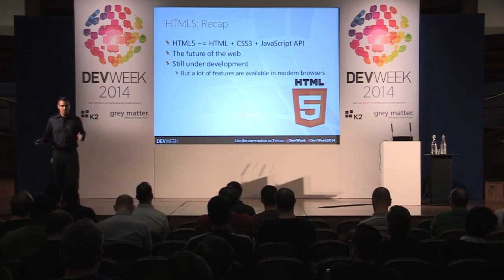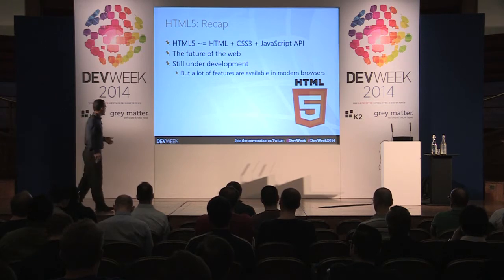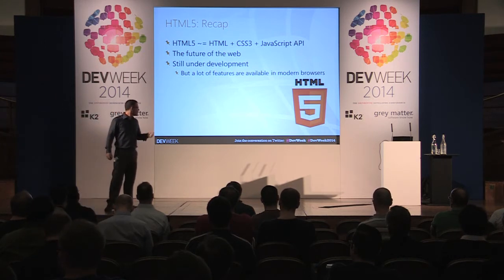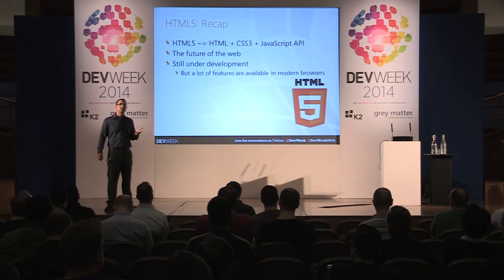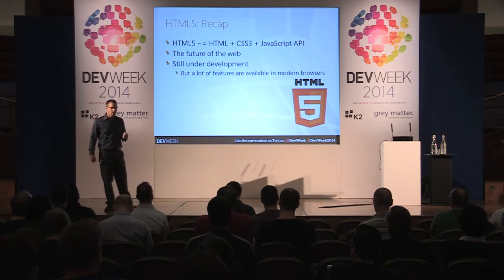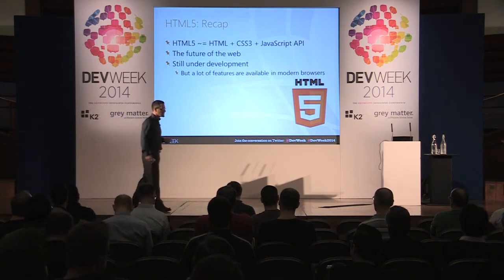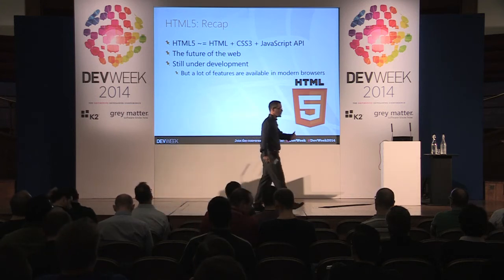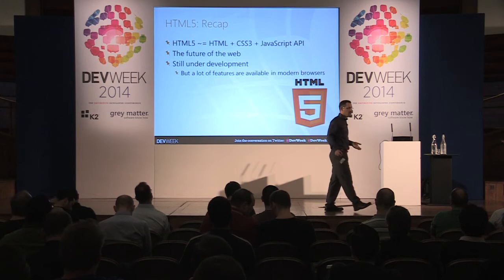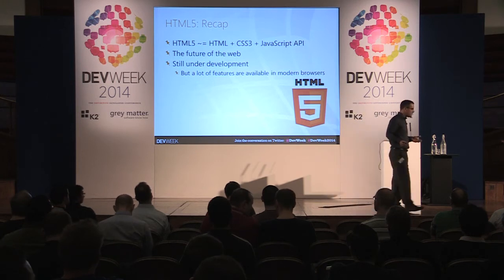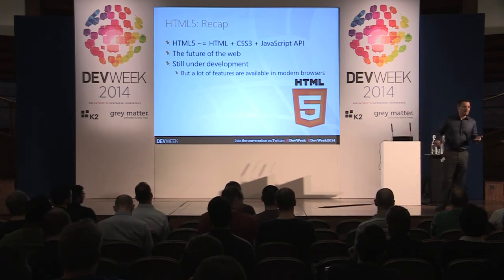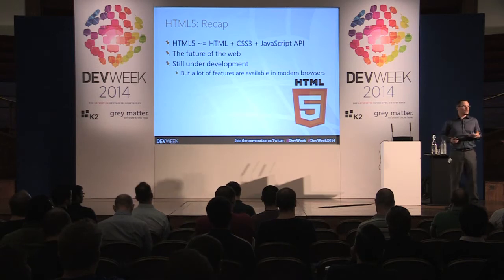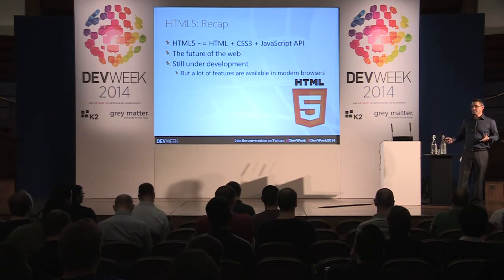HTML5 is here. It has been kicking and bouncing for the last, I think, 7 years, from 2006, when the first working draft was created, until now. But only in 2009 it gained a lot of attention. You know why?